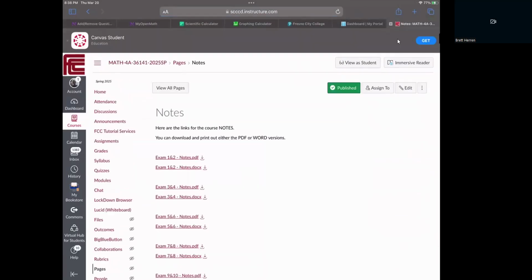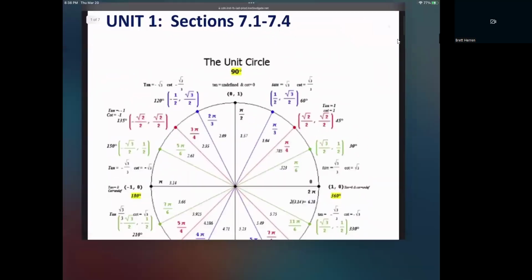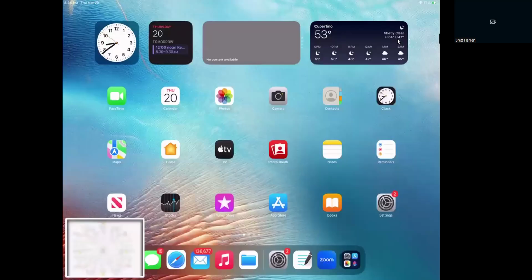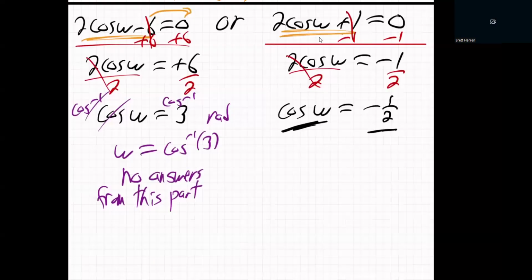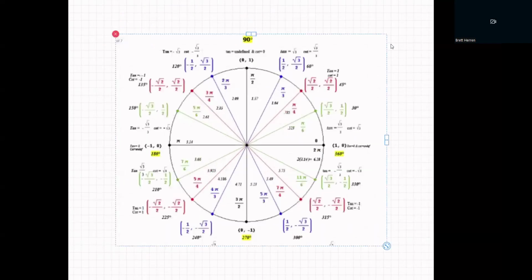And boom, there it is. Took a little bit of finagling, but there's the unit circle. All right, let me bring it back and paste it in right here. All right, there it is, the unit circle.